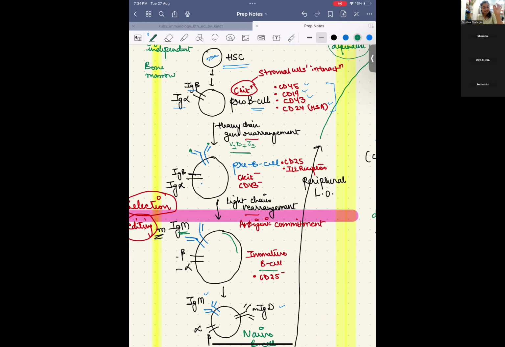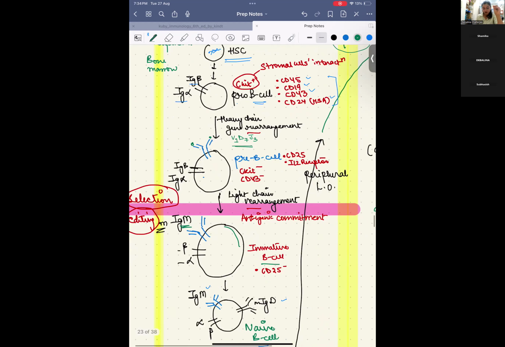Now, once this is formed, this is for your variable region. But for your constant region, since we know it can only be IgM or IgD, it can either be C mu or C delta. We saw that initially the primary transcript that forms has C mu and C delta in close association with this combination of VDJ.